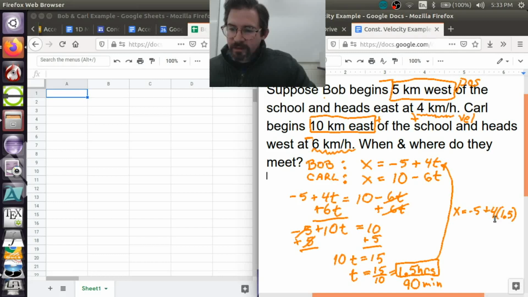Well, I've got 4, and then half of 4 is 2, so that's 6. So x equals -5 plus 6, so that is positive 1. And since this is positive, I remember that means east, so that is 1 kilometer east of the school.